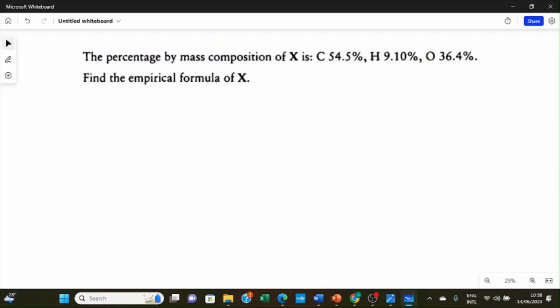The percentage by mass composition of X is: carbon is 54.5%, hydrogen is 9.10%, and oxygen is 36.4%. Find the empirical formula of X. It's as simple as ABC. The compound contains carbon, hydrogen, and oxygen, and you are given the percentage composition by mass. So let's take this.